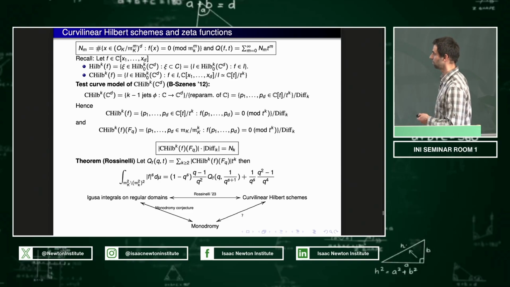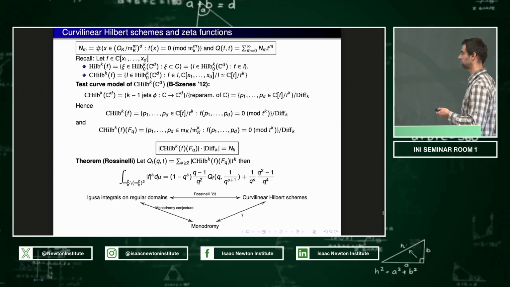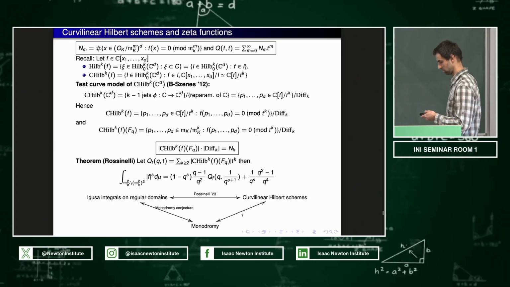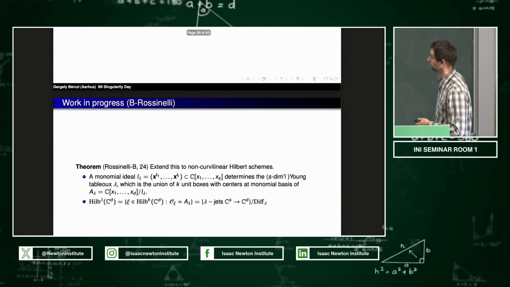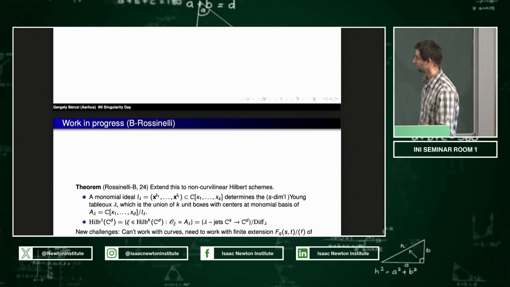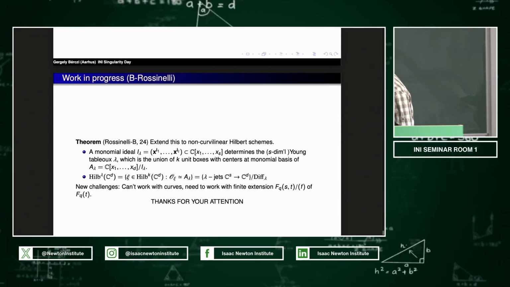Then there might be hope that, using this model, we get explicit or direct formulae for the zeta functions. That's actually it, thank you for your attention.